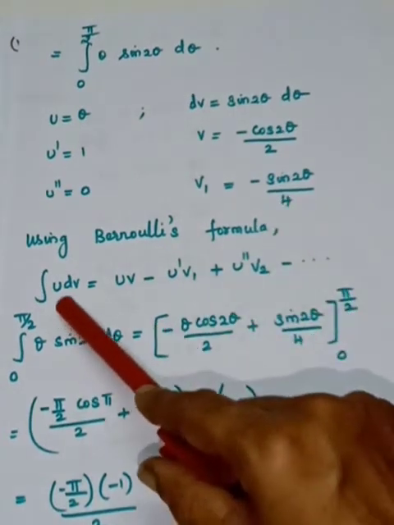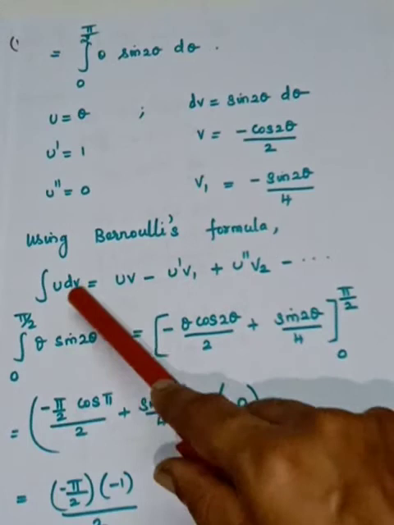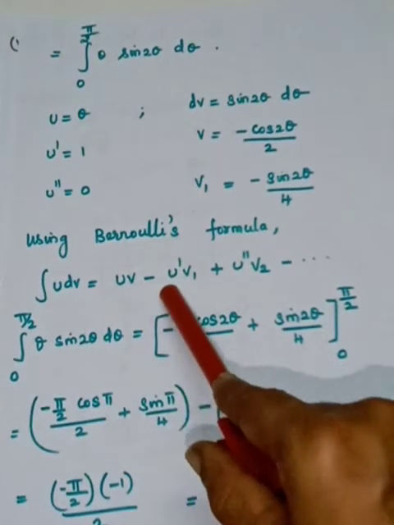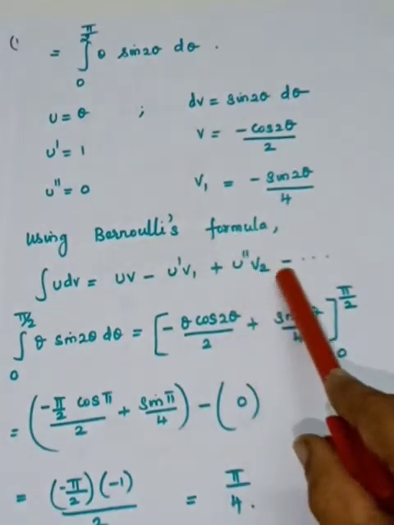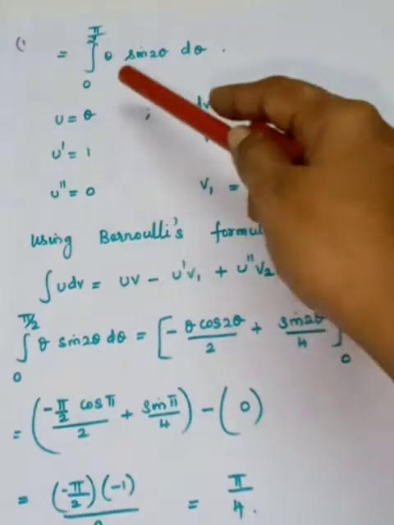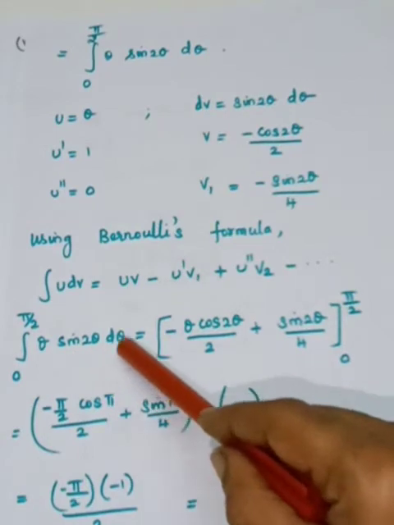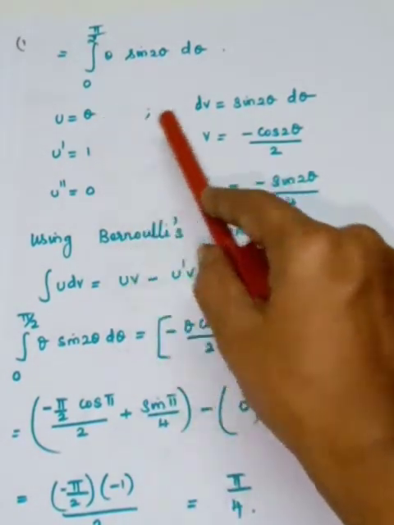Okay, so here I have written the Bernoulli formula. Integral u dv, the product of two terms, can be written as uv minus u dash v1 plus u double dash v2 minus etc. So here you take the integral 0 to pi by 2 theta sin 2 theta d theta. Here u into v, this is your u, this is your v.